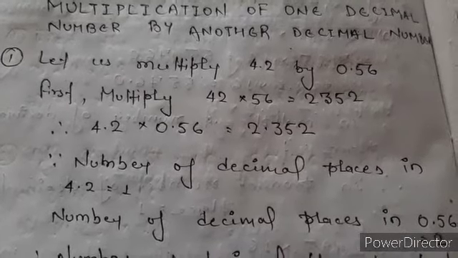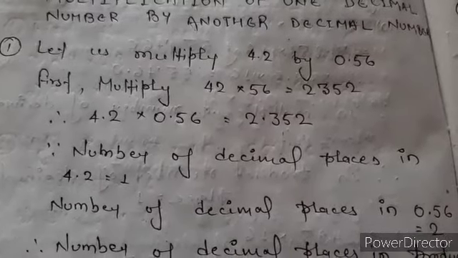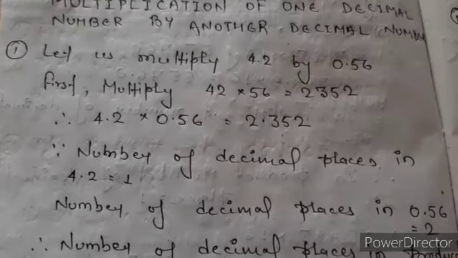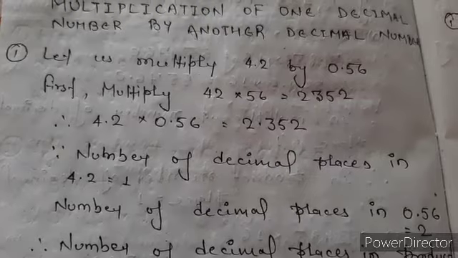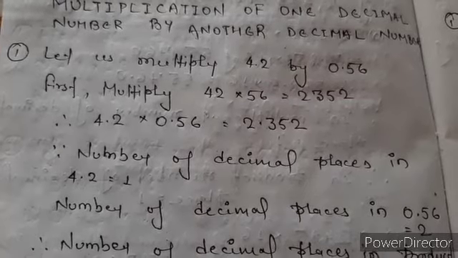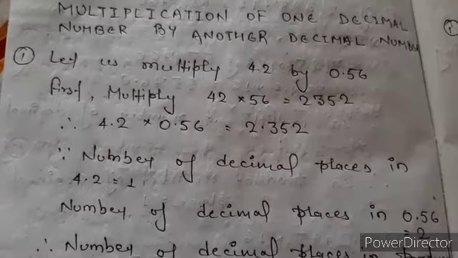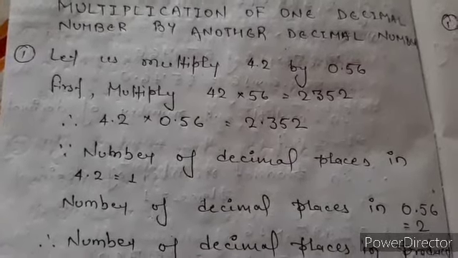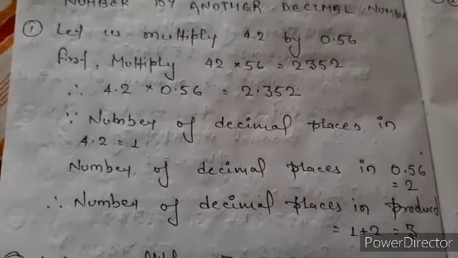Hence 4.2 into 0.56 is equal to 2.352. Since the number of decimal places in 4.2 is equal to 1 and in 0.56 is equal to 2, the number of decimal places in the product is 1 plus 2 is equal to 3.